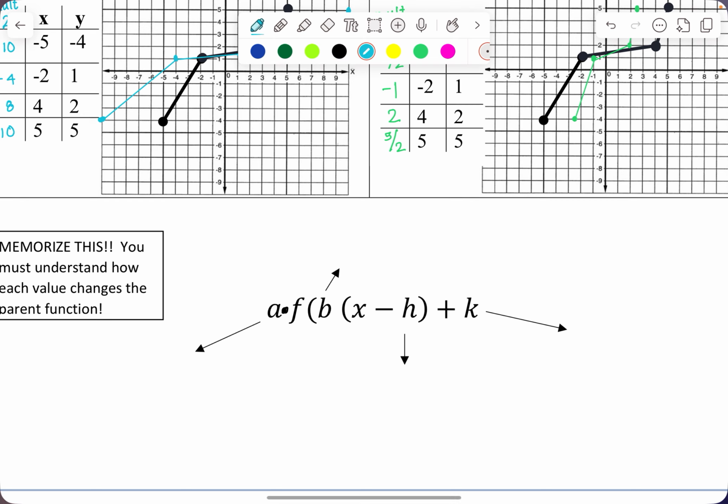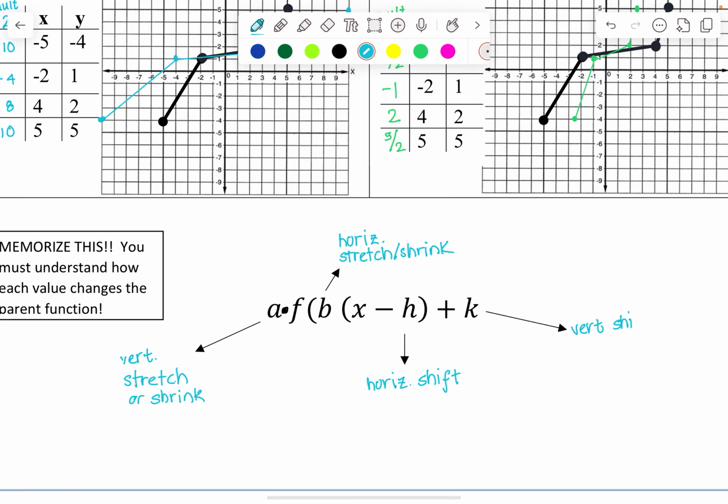All right, so your A value represents your vertical stretch or shrink. Your B represents your horizontal stretch or shrink. Your H represents your horizontal shift. And K represents your vertical shift. You need to know this.